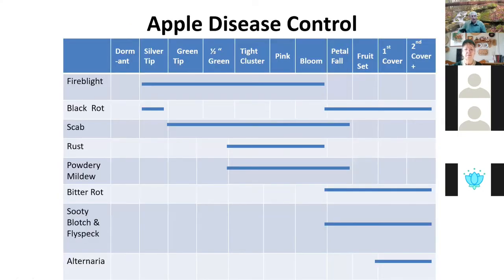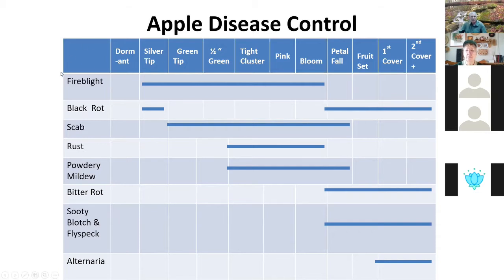Now, when we start thinking about the timing, this may be a little bit of a shell shock or a little disappointment to some of you when you start looking at this. If we're thinking about apple disease control, we're right here, probably middle to maybe the last three-quarters of the apple bloom. And we look at what sprays should have already been put on our home orchards.